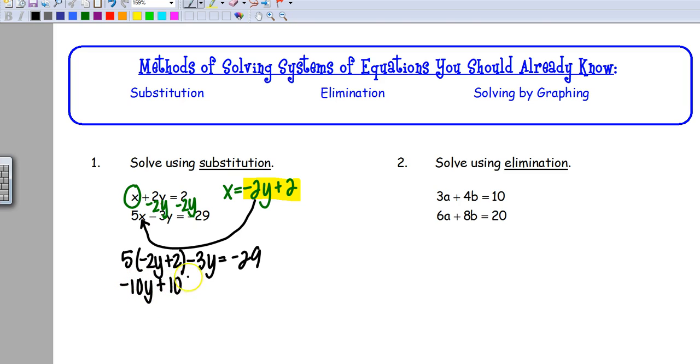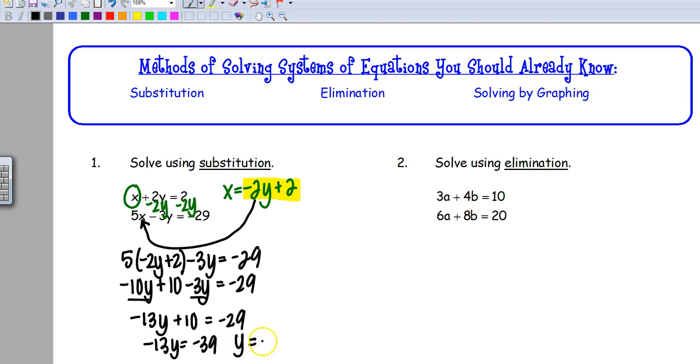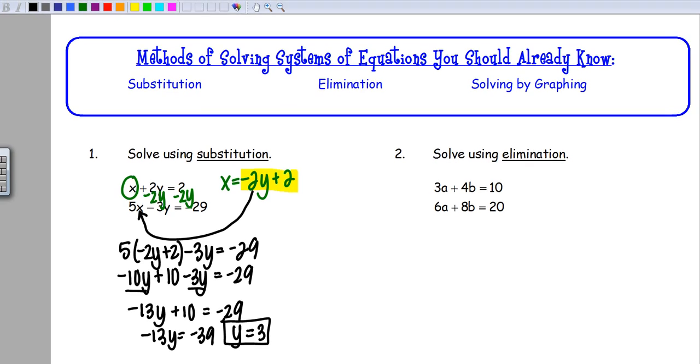Okay, so we'll go ahead and distribute. And combine your like terms. And subtract over the 10. And divide. And you should get y equals 3. So now remember, that's just the y coordinate of our intersection point.